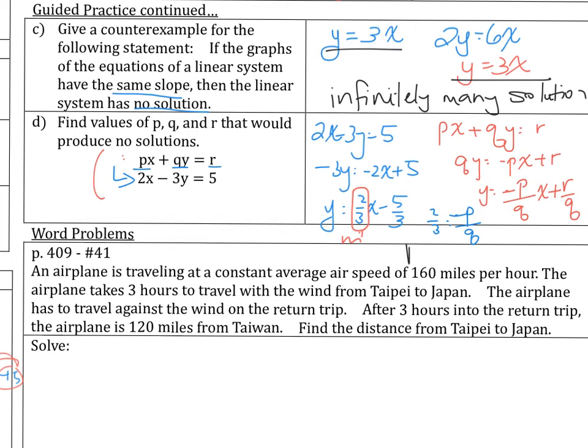So p can be -2, q can be 3, and r can be 0 or any number. This is just one possible way to write your solution. P can be +2 and Q can be -3 if you want.